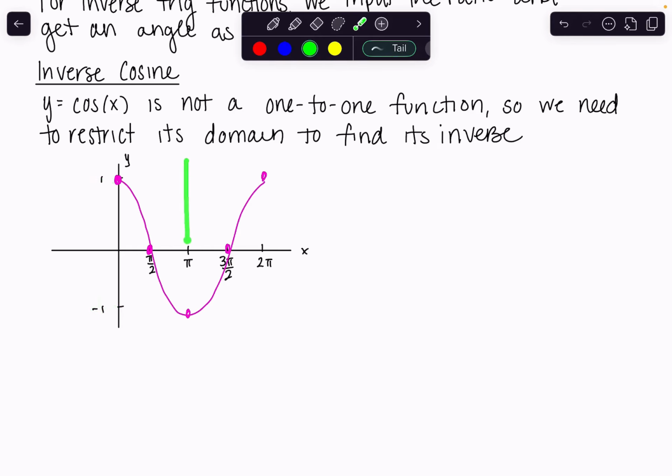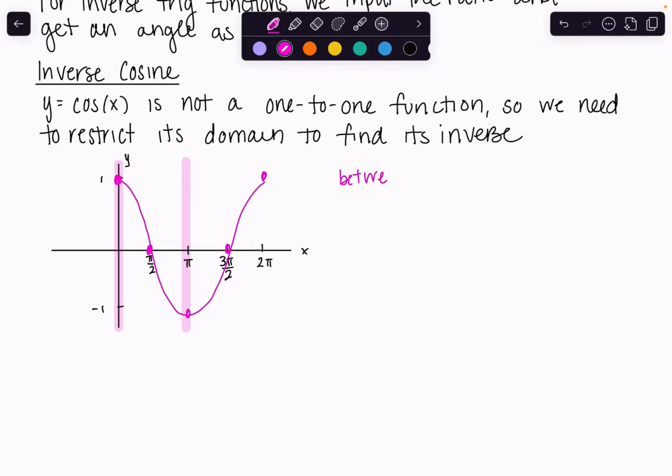So if we consider from 0 to pi, what's going to happen is you still get all the values between -1 and +1, but over this interval, we're going to be able to pass the horizontal line test. So if I restrict it right here, between 0 and pi, no matter how I draw a horizontal line, it's only going to hit the graph in one spot on that interval.